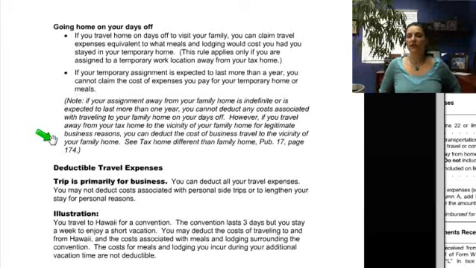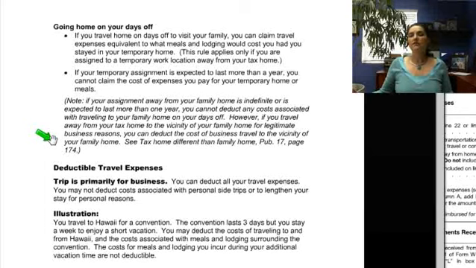So let's just suppose you're staying in a hotel and you're paying $100 a night for the hotel. And if you stayed over the weekend, it would therefore cost you $200 to pay for lodging for the weekend, plus perhaps the cost of meals. So let's say after the cost of meals, it would have cost you $300 to live the weekend at the temporary work location.